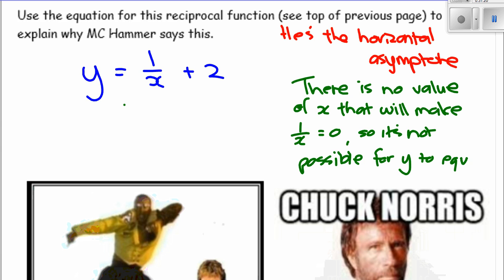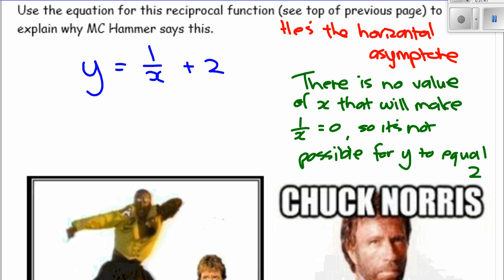Yeah, so specifically the asymptote at y equals 2, because it's impossible to make 1 over x equal 0. There's no number you can sub in for x. 1 divided by anything will never get 0. So just get values that are close to 0. It's a weird idea, to get closer and infinitely closer to something but never touch it.